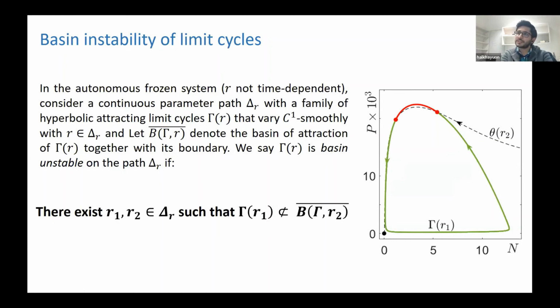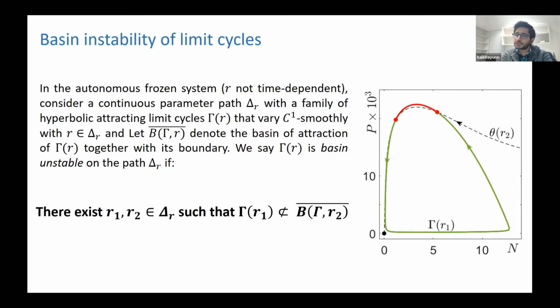So basin instability is a property of the autonomous system. So we are assuming that R is not time dependent, and we consider a continuous parameter path delta R with a family of hyperbolic attracting limit cycles. And we assume that this family varies C smoothly with R. In a sense, there is no bifurcation.